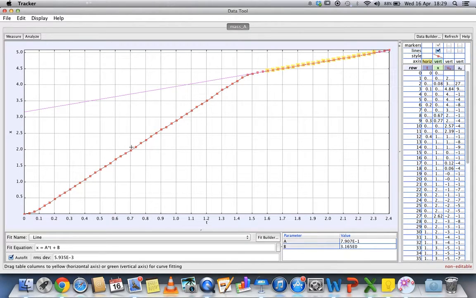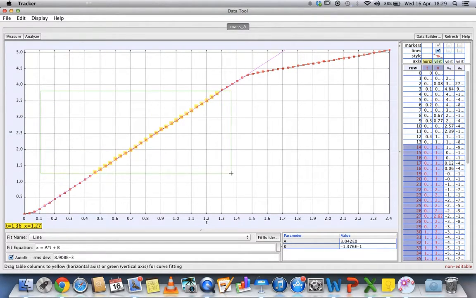Then if you want to find out the velocity, you can again use the gradient of the displacement time graph. You find that this is obviously divided into two parts, where the ball is traveling and then after that it bounces and becomes slower.